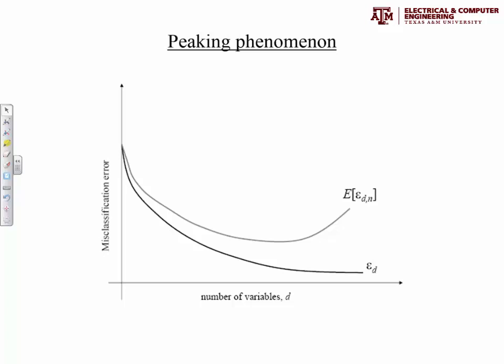Yes? As the number of samples increases, the expected error may approach the best error, right? As the number of what? It's not the number of samples, this is the number of variables, the features. The number of samples used to compute the expected error. As the number of samples increases, the expected error may approach the Bayes error, right?